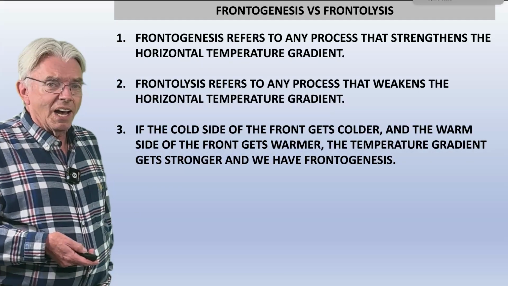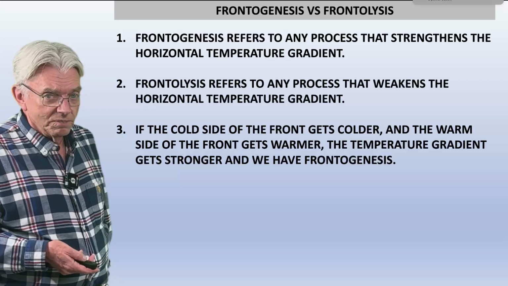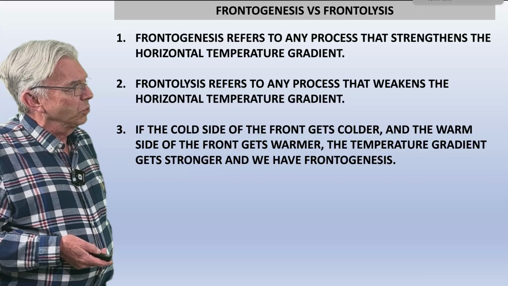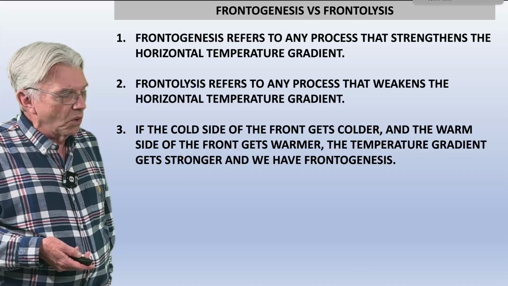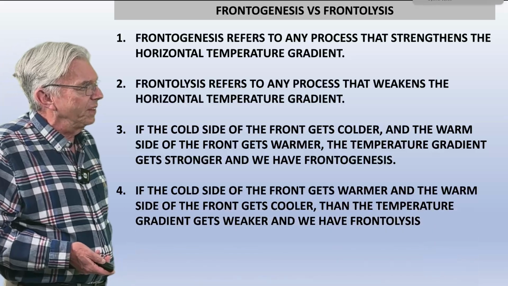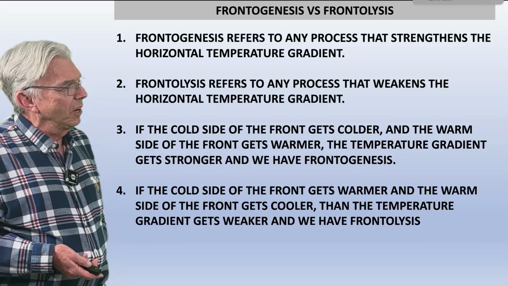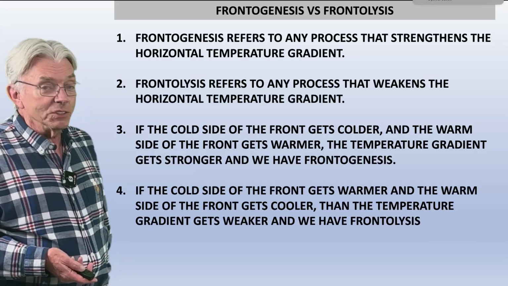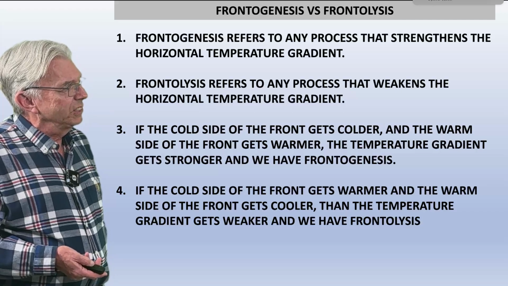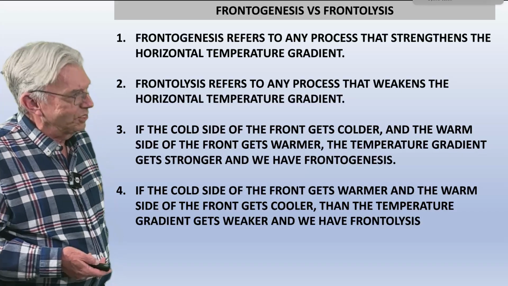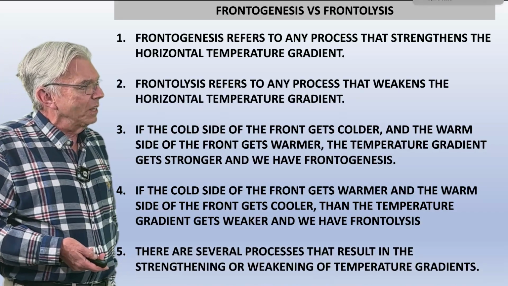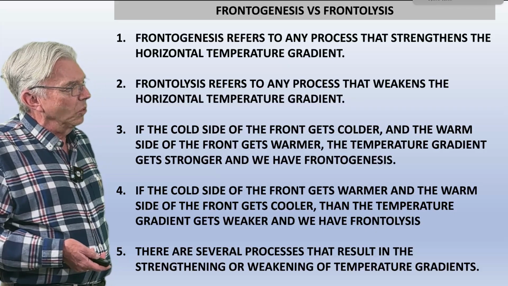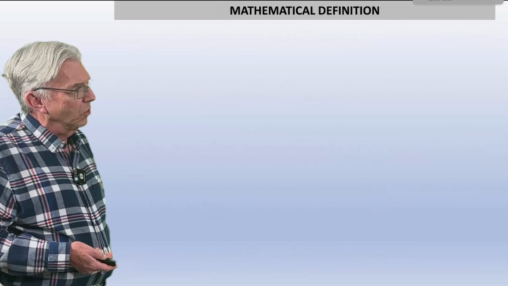If the cold side of a front gets colder and the warm side gets warmer, then the temperature gradient gets stronger, and we have frontogenesis. On the other hand, if the cold side of the front gets warmer and the warm side gets cooler, then the temperature gradient gets weaker, and we have frontalysis, okay? And there are several processes that result in the strengthening or weakening of temperature gradients.